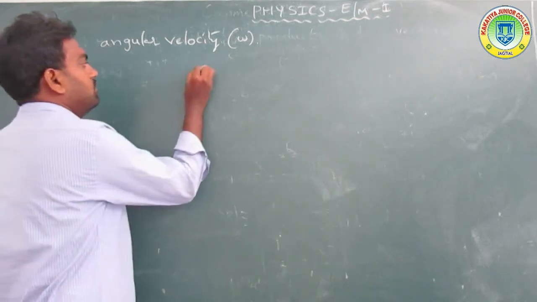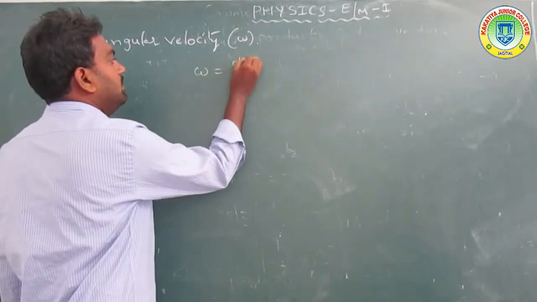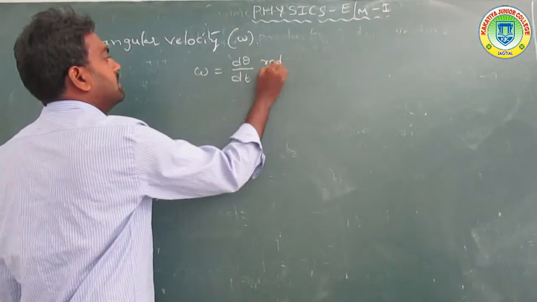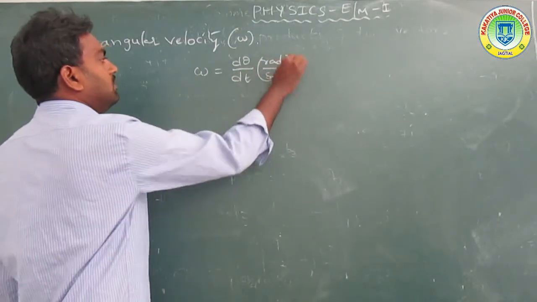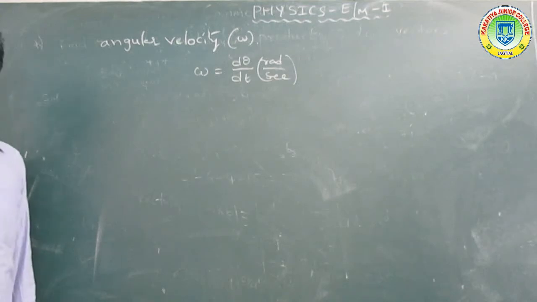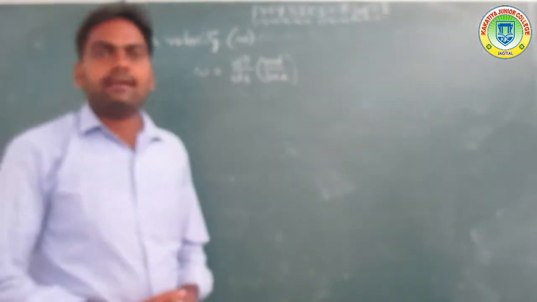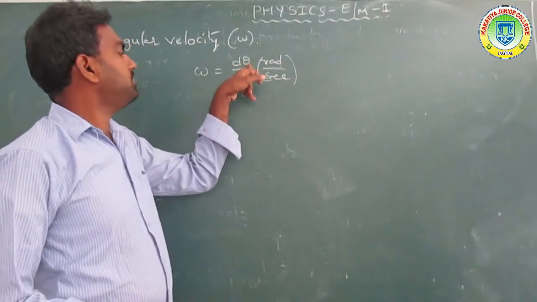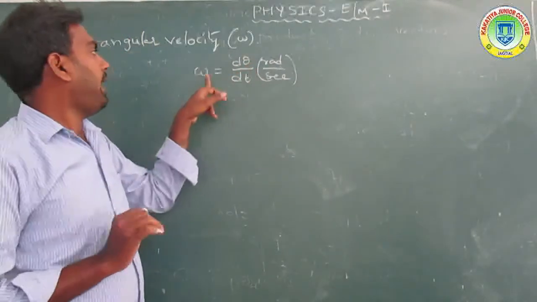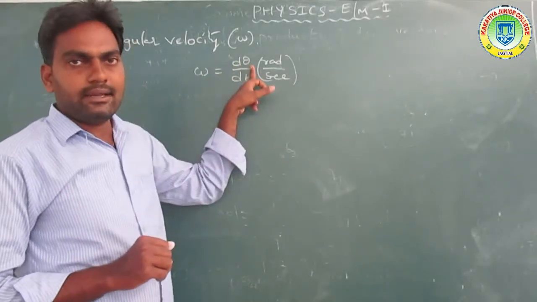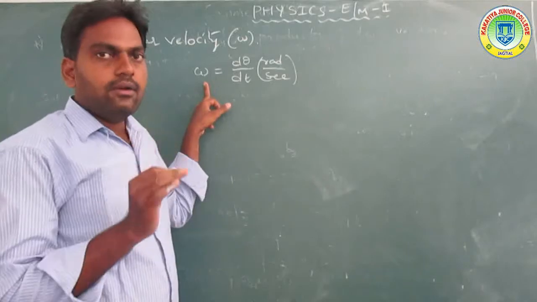Angular velocity omega is equal to d theta by dt, radians per second. So angular velocity is nothing but the rate of change of angular displacement. The rate of change of angular displacement is called angular velocity.